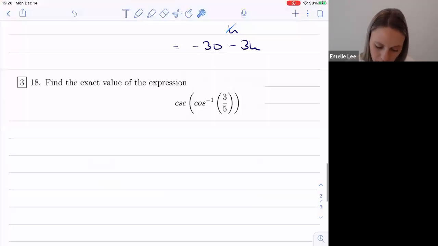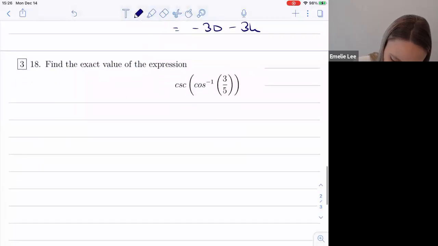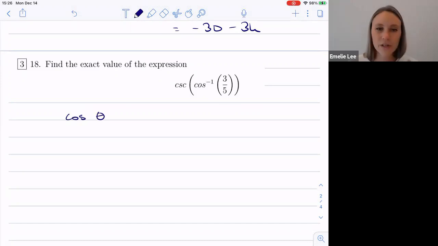All right. So how I want you to approach any inverse trig function is, let's just do a little recap on inverse trig. So if we have the cosine of, we started calling the angle theta, you can call it t or you can call it x, it doesn't matter.